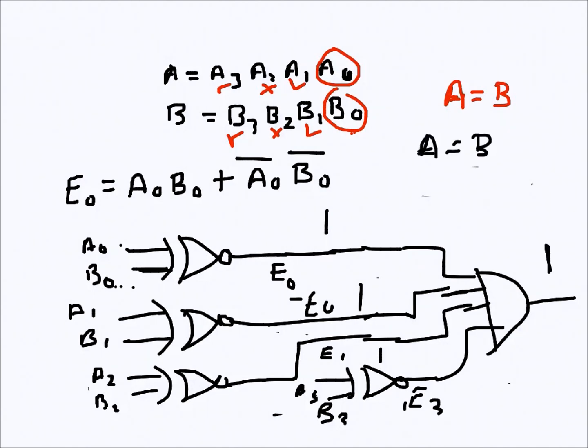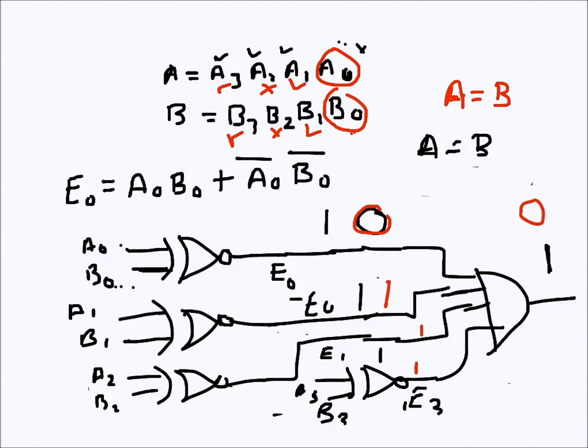If A is not equal to B for any reason, maybe all these 3 are equal, but these two are not equal, in that case we will have a 0 here. We will have a 0 here for this case when these two are not equal. We will have 1 here, but because they are ANDed we will get a 0 here. So the result will be not equal.